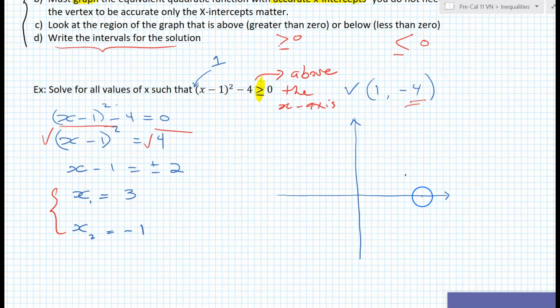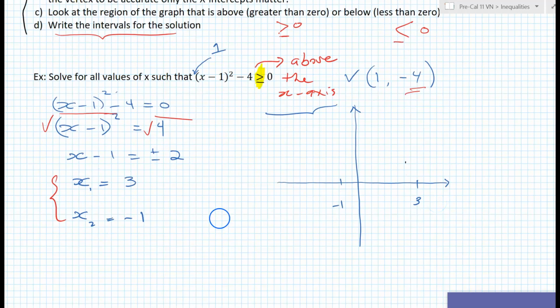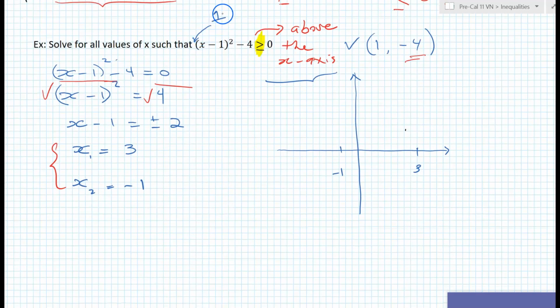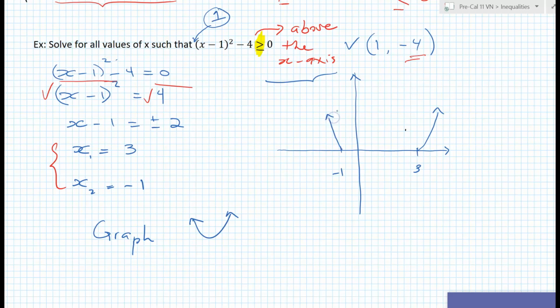So 3 is here, eyeballing it, negative 1 is there, and we know that the graph, because a is positive, this 1 is positive, opens up. So I know that it's going to go past that x-intercept 3 and above negative 1, and it's going to drop somewhere in between.